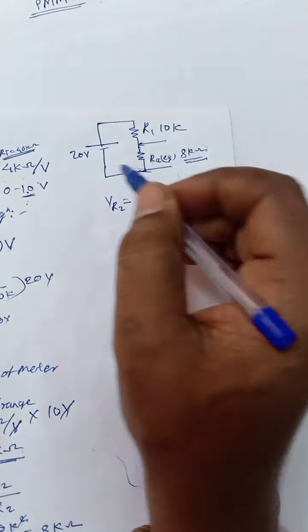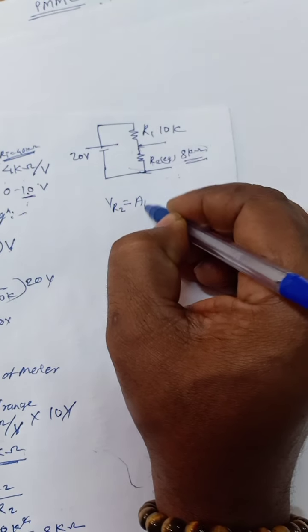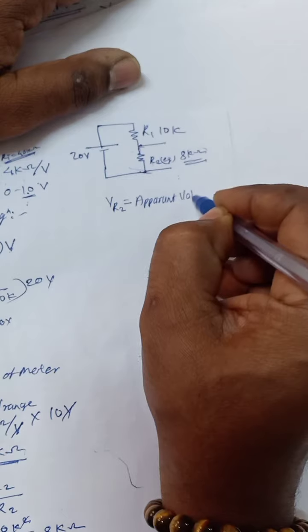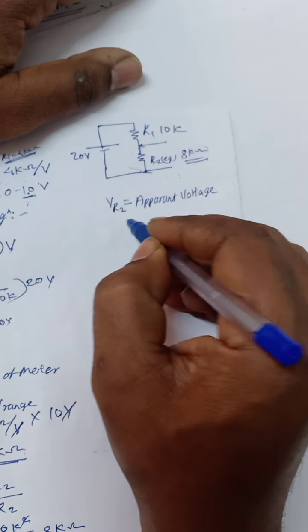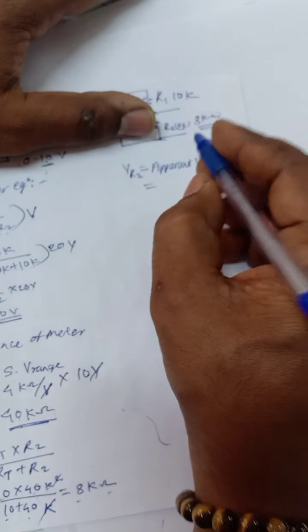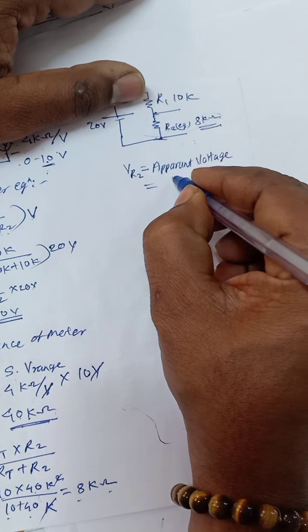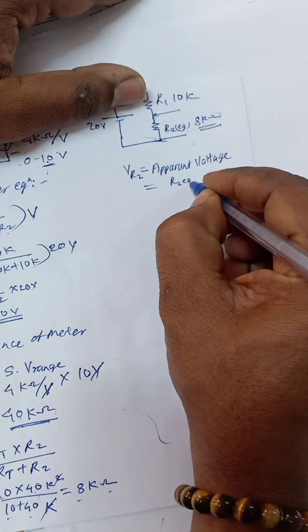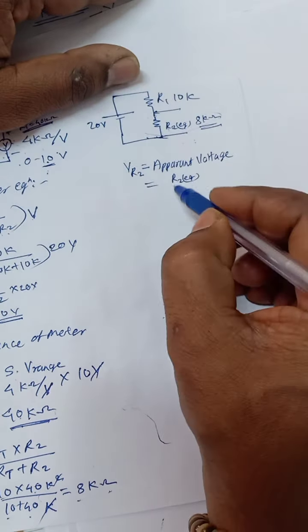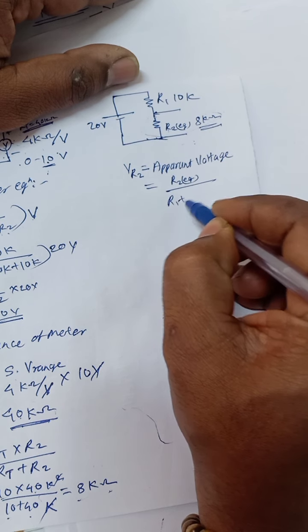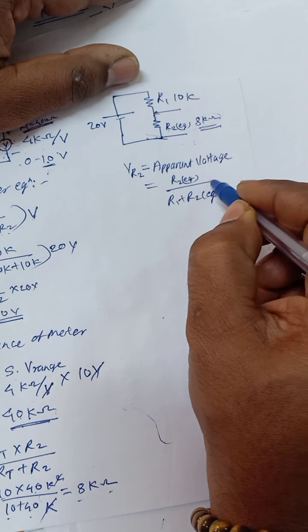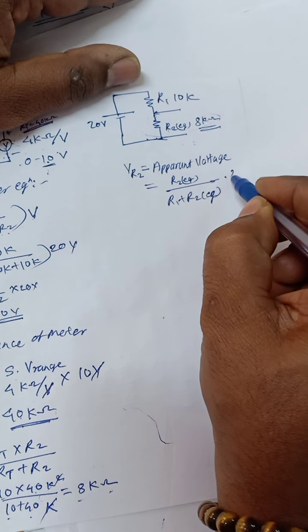So we name this the apparent voltage, the voltage measured by the voltmeter. It is given by the formula R2 equivalent divided by R1 plus R2 equivalent, into the applied voltage, that is 20 volt.